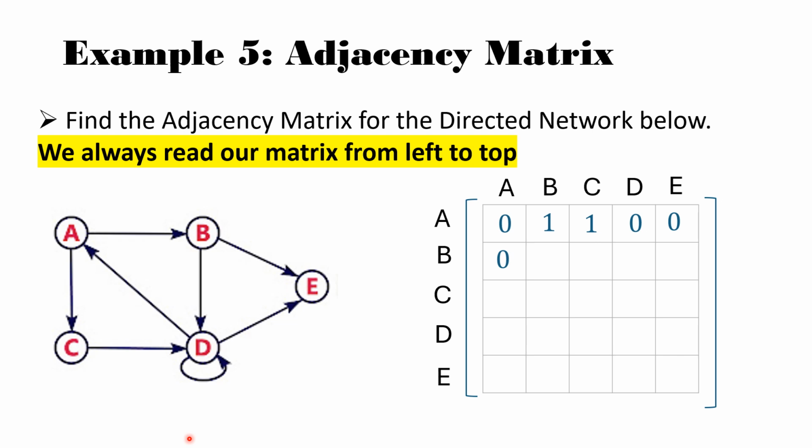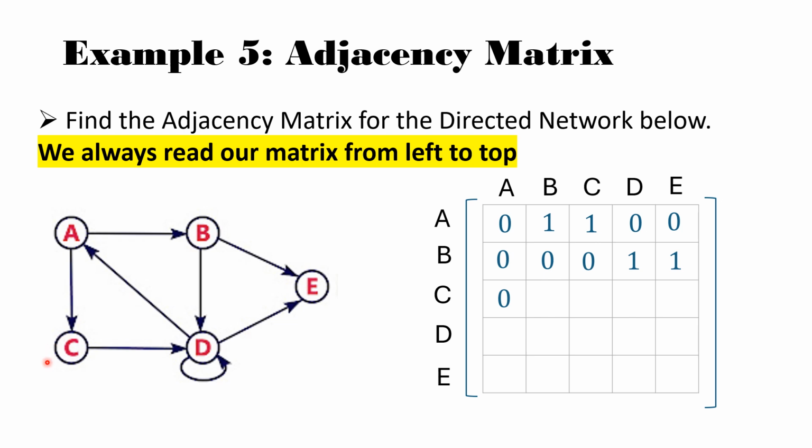So there's no edge or connection from B to A. Then we have B to B, that is also 0. B to C, not connected at all, so also 0. B to D has that one connection, and B to E also has a one connection.